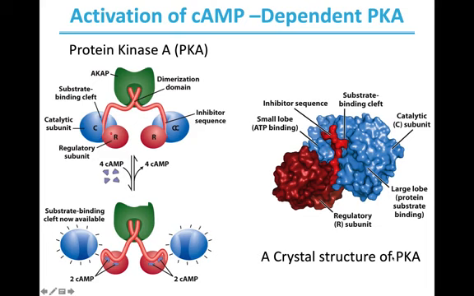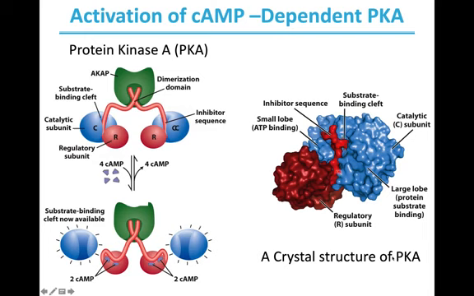So this is the R2C2 complex as shown here, and the image that is shown here is what is shown in this crystal structure. And this is an experimentally determined structure of this protein complex. And the blue colored region is the catalytic subunit, and only one of it is shown here. And presumably it is the one that is shown on the right.